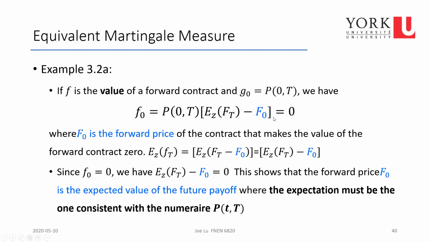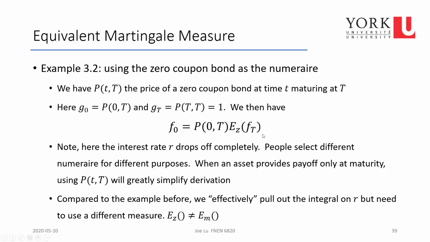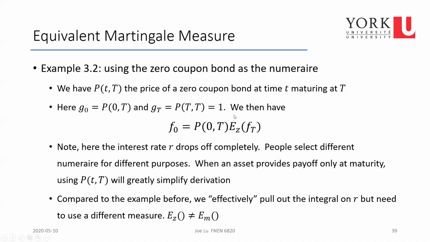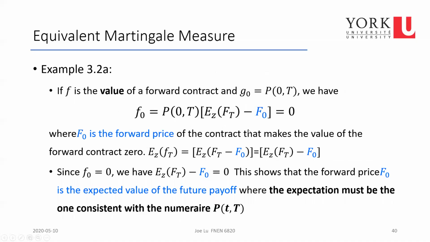So you can set it up this way, very consistent with what we have had earlier. What is the expected value here? The expected value of f_T is really the expected value of the realized forward price at the maturity time T, minus the initial forward price.